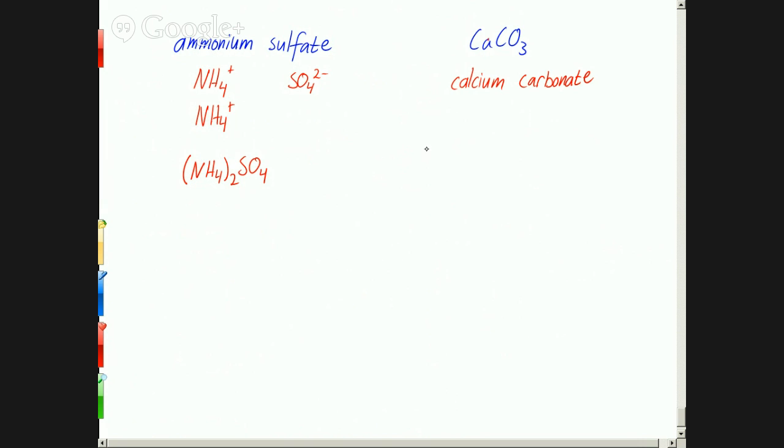Okay, here comes another one. This is rocket fuel. N2O4. There you go, nice.